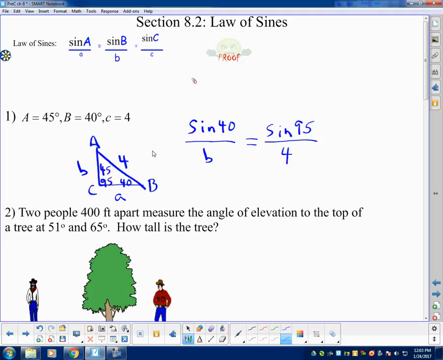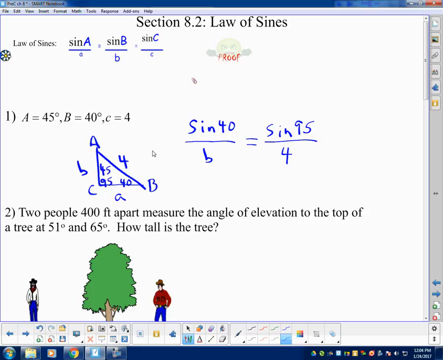And what we do to solve this is we go ahead and cross multiply. You could also use the cross product property. Somehow I need to get B up at the top. You can actually just swap these two, get B up in the top, and then multiply by 4, and you've got it. You probably do all that in your head.